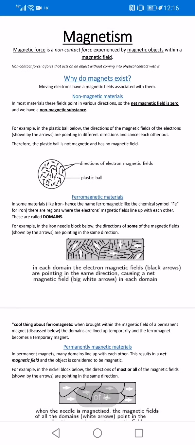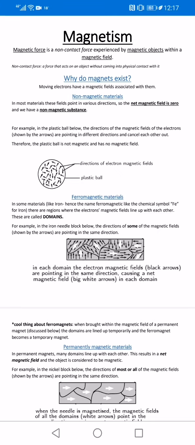So they're all going in different directions, and that means that they sort of cancel each other out. We get a net zero magnetic field. Net just means total. So the overall magnetic field will be zero because all of your individual magnetic fields are pointing in different directions, so they cancel each other out. And when that happens, you end up with a non-magnetic substance.